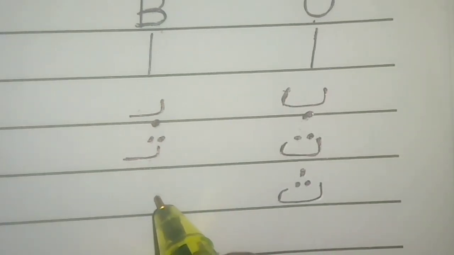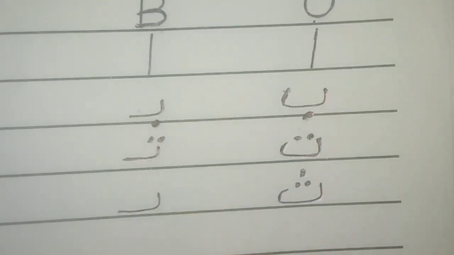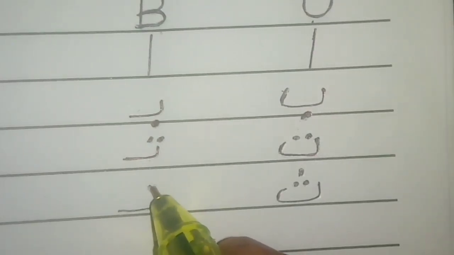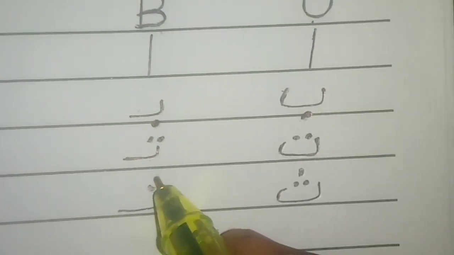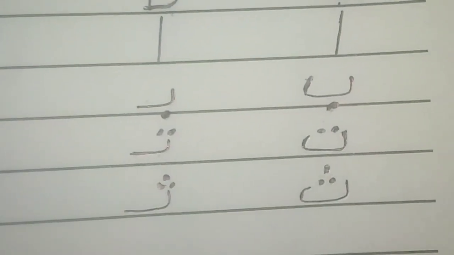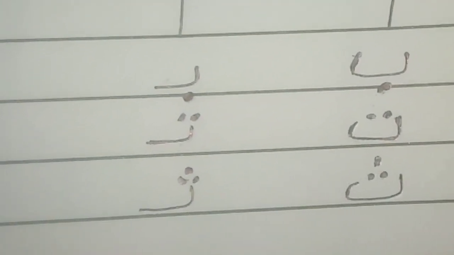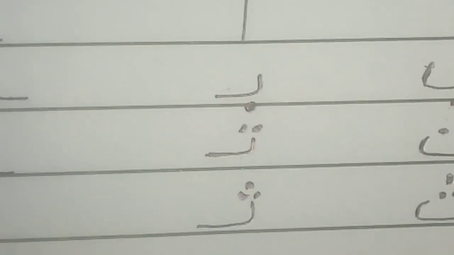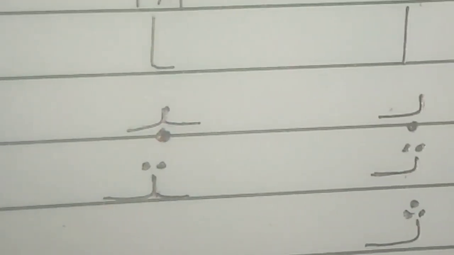So in the beginning, the Tha also looks like the Ba and the Ta, but it differs from them by its own three dots above it.